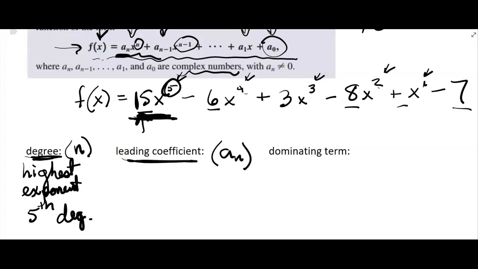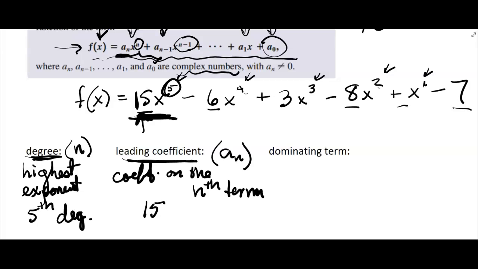A sub n means that's the coefficient for the nth term. A sub n minus 1 means that's the coefficient for the n minus 1 term, and so on and so forth. So our leading coefficient in the example is 15. Okay, so it's the coefficient on the nth term.